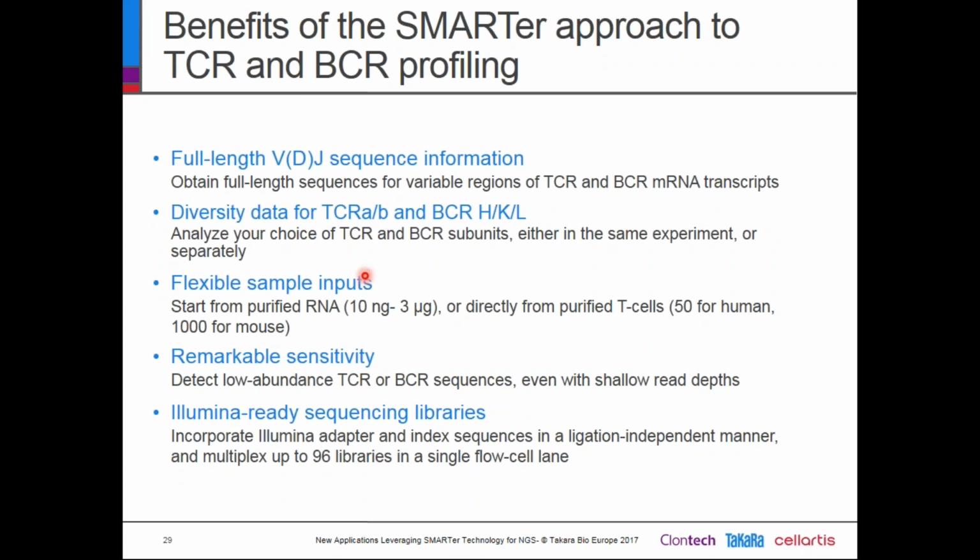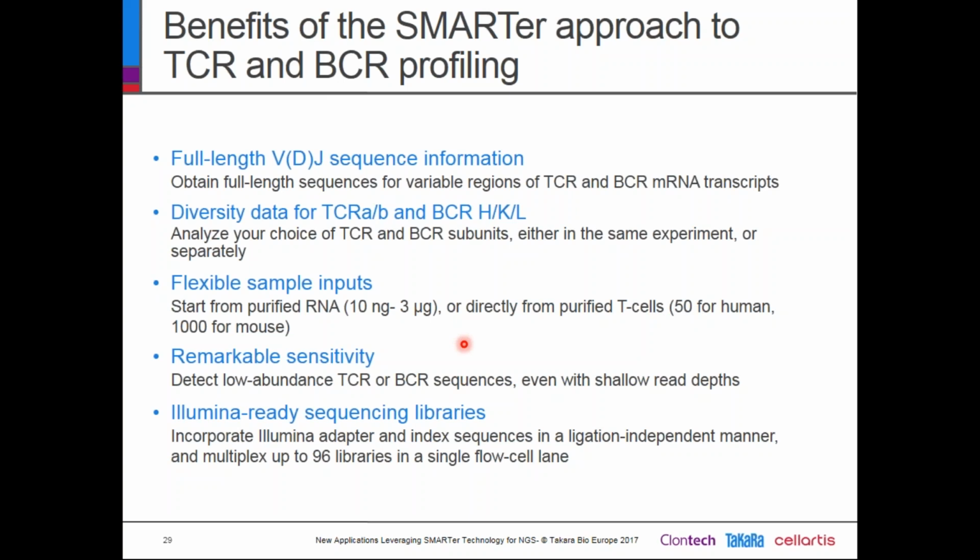The sample inputs are very flexible, so you can start from purified RNA, but you can also start from purified T cells or purified B cells. So you will need 50 for human, but you will need 1000 for mouse if starting from cells. The method is very sensitive, as I could show.